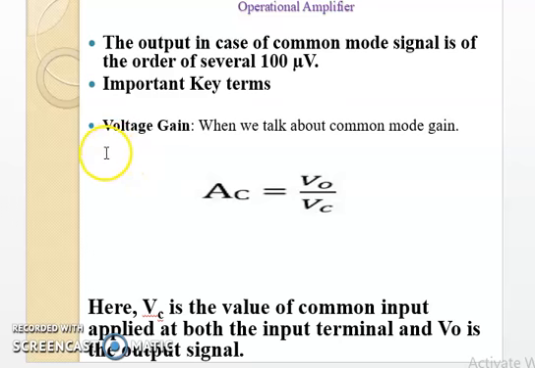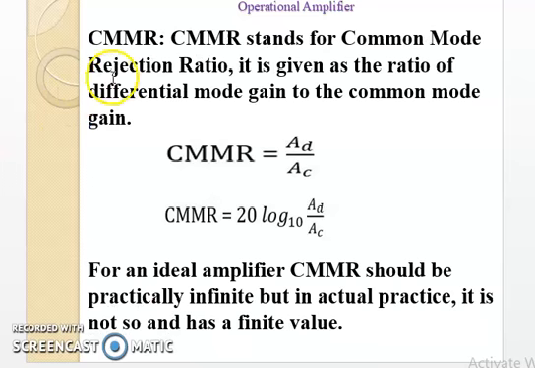In this way, for an ideal amplifier, CMRR should be infinite, but in actual practice it is not so and has a finite value. In case of an ideal op-amp it should be infinite, but in practice it's not possible.